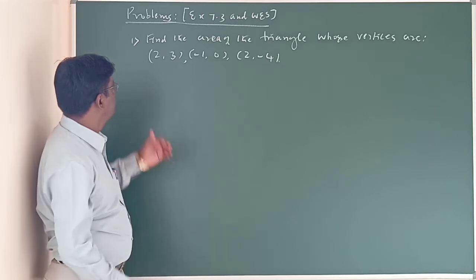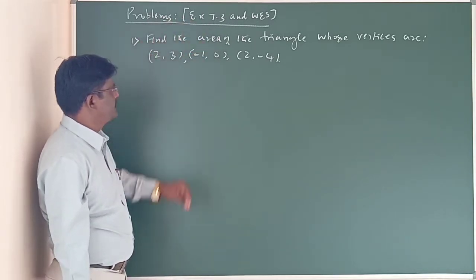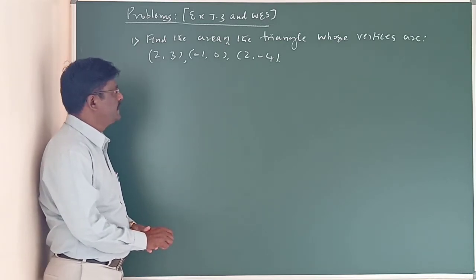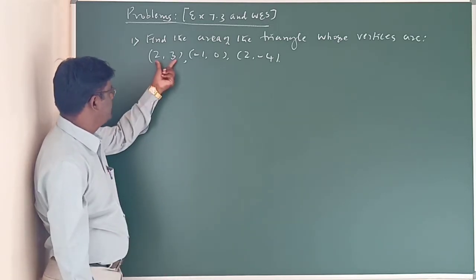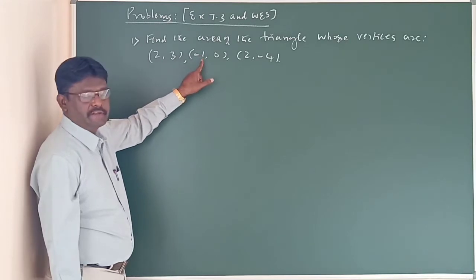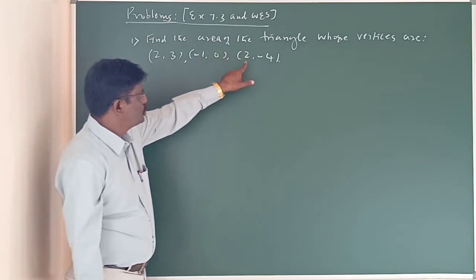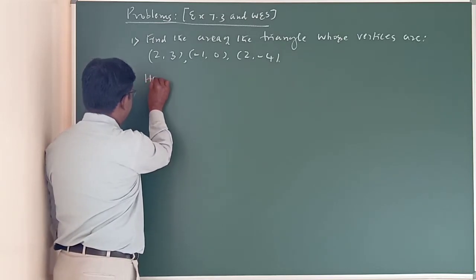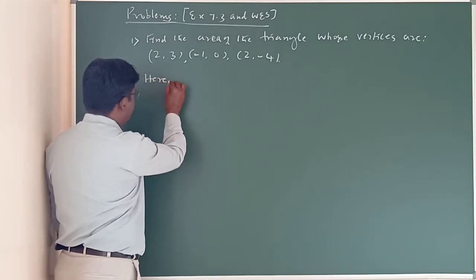Now, problems are from Exercise 7.3 and worked examples. The first one is this. Find the area of the triangle whose vertices are (2, 3), (-1, 0), (2, -4). Let us compare this with the given formula.